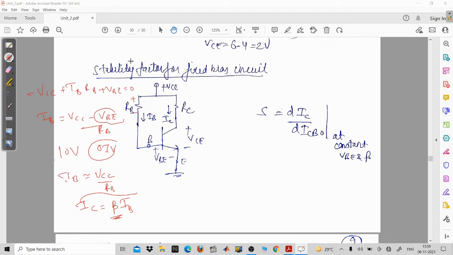Now our today's topic is stability factor. We know that this fixed bias circuit is not stabilized, because if you increase the temperature, ICBO is going to increase. When IC increases, it increases the heat loss, and that heat loss will again increase the temperature further.